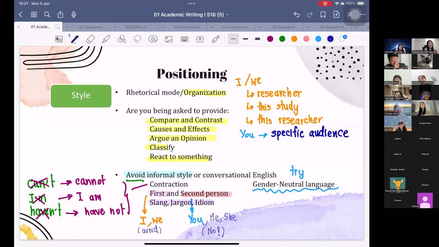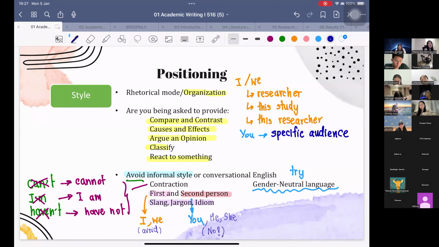But in presentations, you see the reactions, so you can explain what it means by this and that. But in your writing, you cannot. That's why slang, jargon, or idioms would be a no-no for writing.